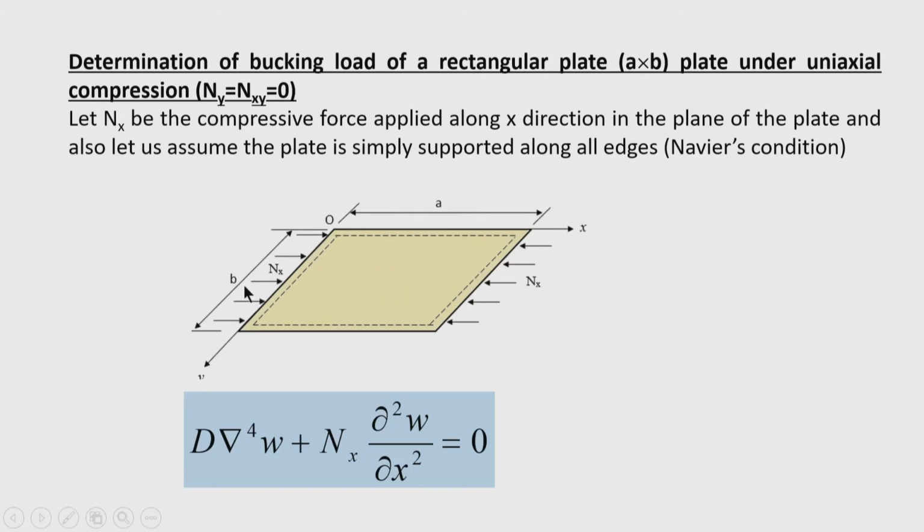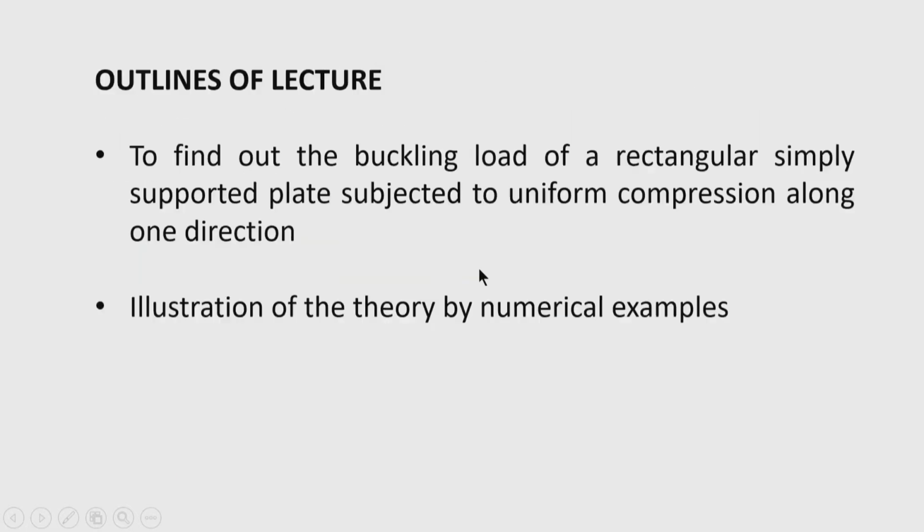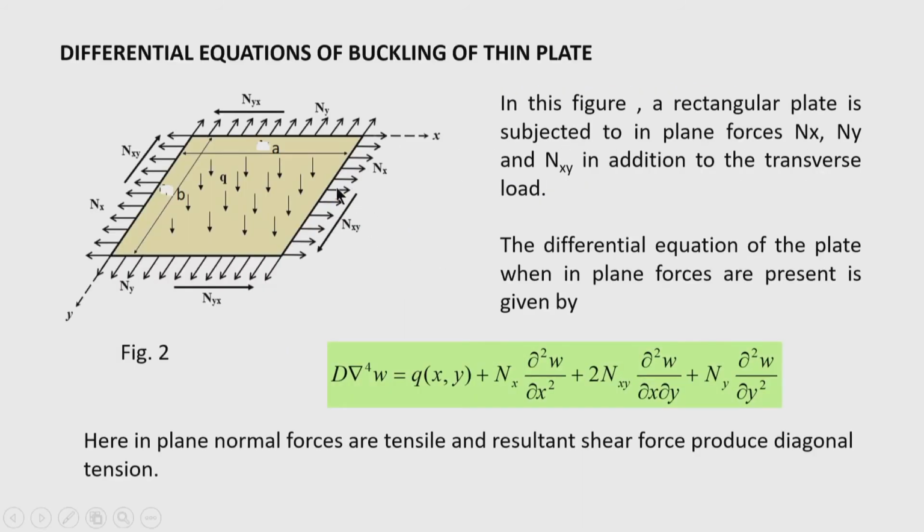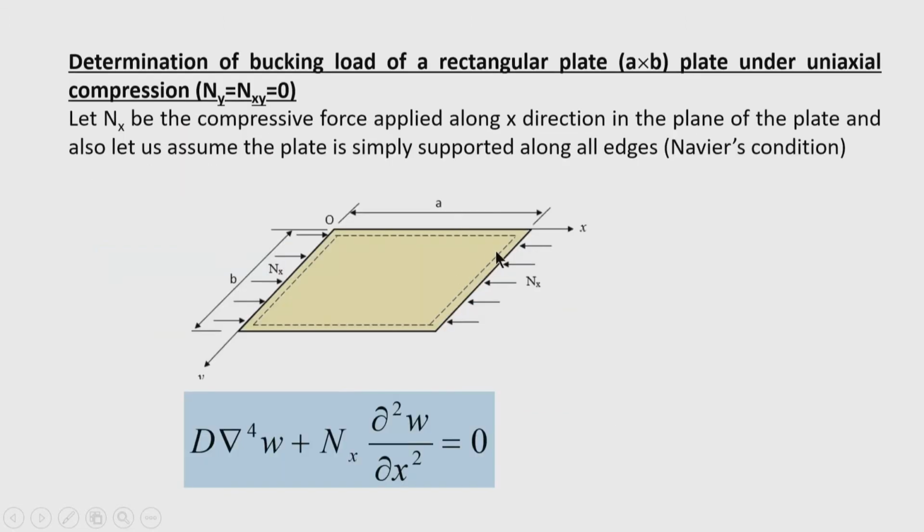Now, the force is compression. Previously I derived the governing differential equation with a tensile force, and we have got this equation. Now, in this buckling analysis, we use a compressive force N x, and for uniaxial compression I assume that N y and N x y are 0.